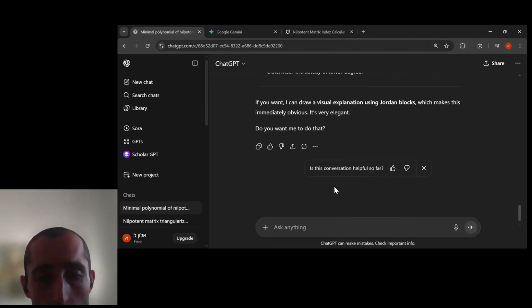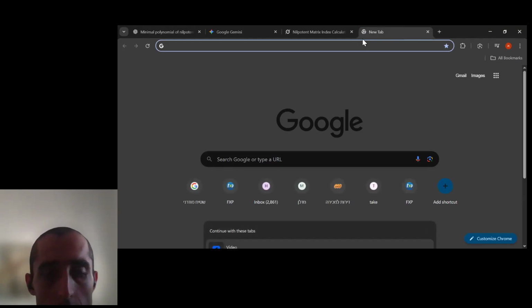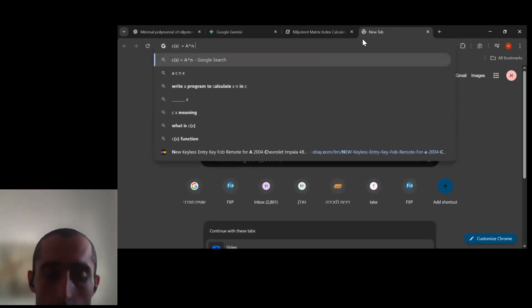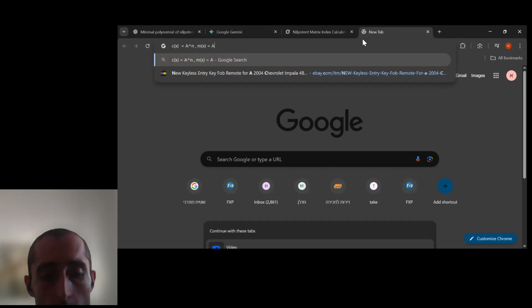You may have, for example, x to the power of n, which is the characteristic polynomial, let's call it c of x. But the minimal polynomial may have x to the power of k, where k is under n. You can get it. So the minimal polynomial doesn't have to be equal to the characteristic polynomial.